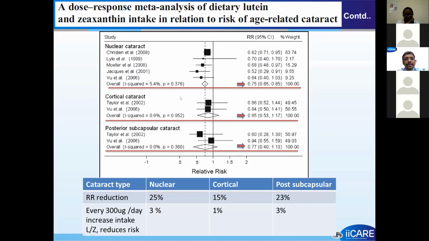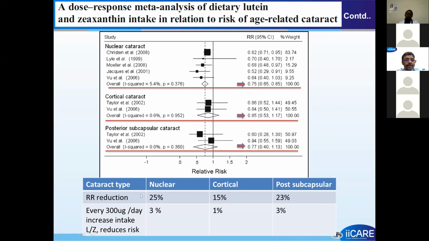Here again is the forest plot for these studies, and in most of the studies, the relative risk of cataract is higher with the lowest lutein intake. This is the probability of having cataract with the lowest lutein intake versus the highest lutein intake.